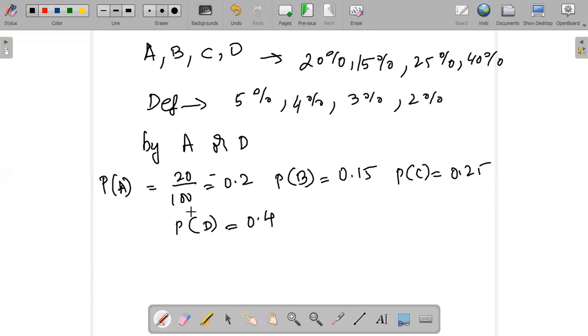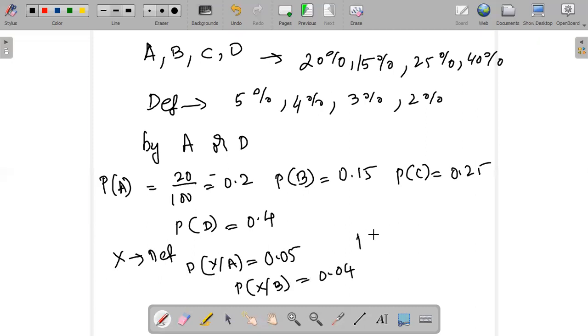Now, if we label the defective as X, then probability of X given A is 0.05, probability of X given B is 0.04, probability of X given C is 0.03, and probability of X given D is 0.02. You have been given this.